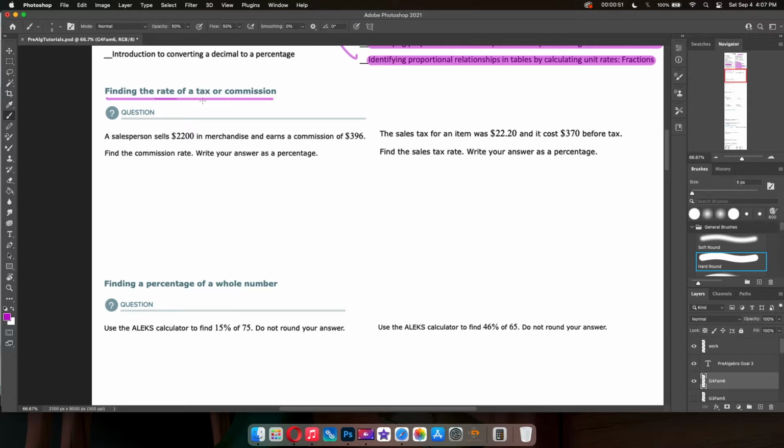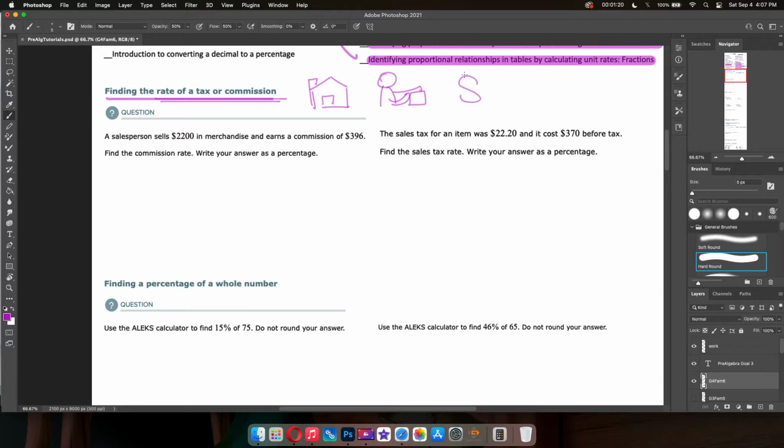So first things first, tax rate or commission. I find that what confuses kids more than anything else is they don't actually know what a tax rate or commission is. Like they kind of understand tax, but basically, eventually the day will come where I have enough money to buy a house. Yay, someday. What happens is when the person who actually sells the house for me gives me my little deed and says, huzzah, happy day, everything is done, they also have to take a cut.